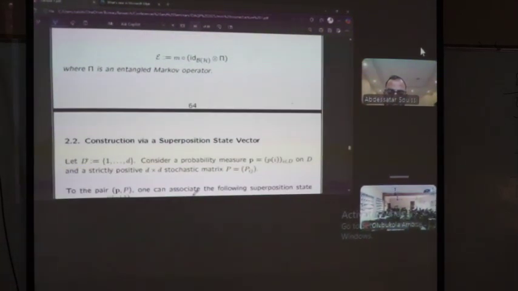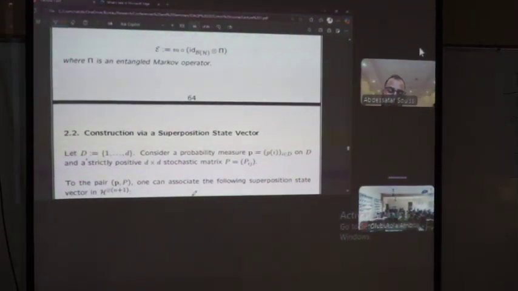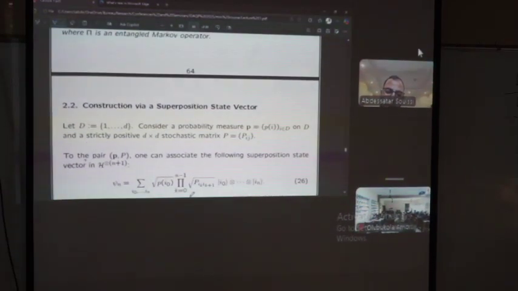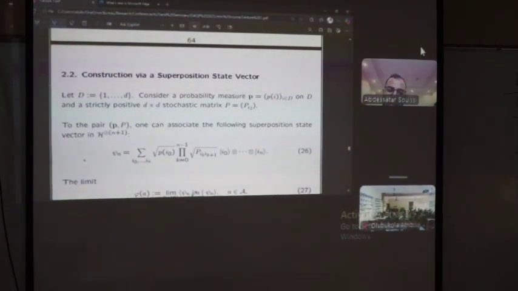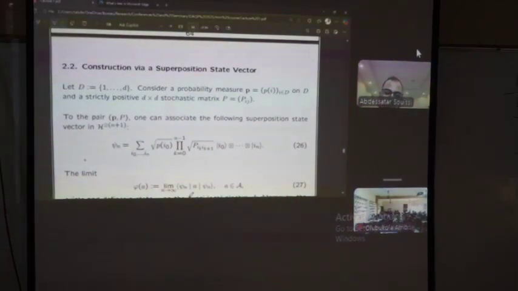Now we provide another perspective to define this chain using the Schrodinger picture.